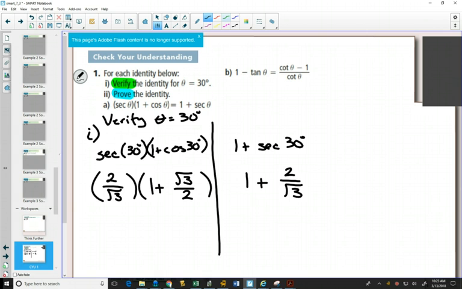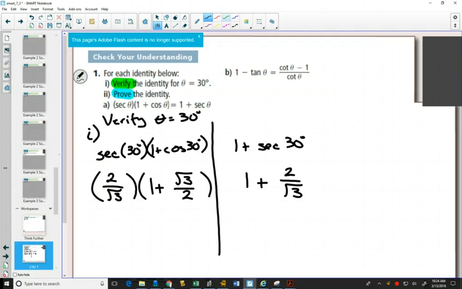So one of the reasons that we practice writing things as a single fraction at the beginning of this unit and simplifying fractions is because right now those look different. But if we have a way of simplifying things, if we have a way of writing both sides as a single fraction, then perhaps it's going to help us solve this.